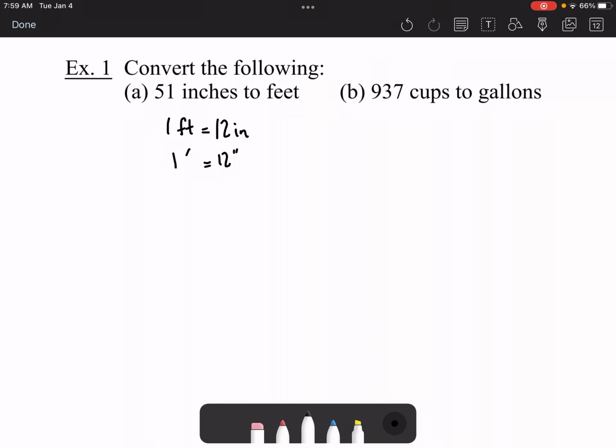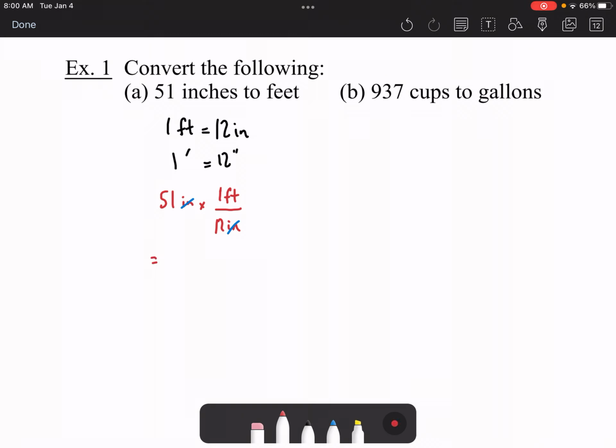So once you have that information, you can take the 51 inches that you have and multiply it by a ratio of 1 foot over 12 inches. When you do this, you'll notice the inches cancel out when you multiply.